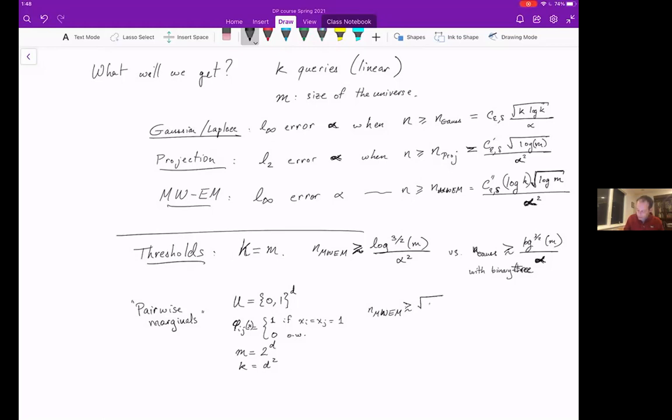So it's going to be square root of d times log k, and that's only about log of d. So that actually won't be a big deal, over alpha squared. Versus what we would get for the Gaussian mechanism, which would be something like d square root of log d over alpha.